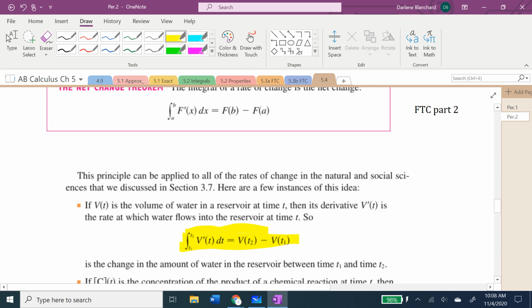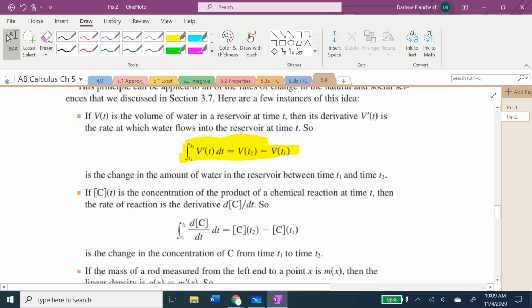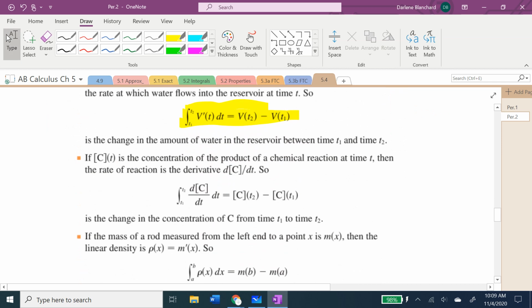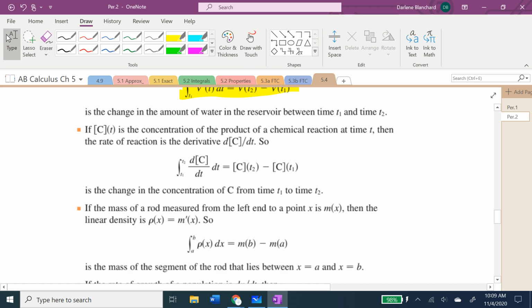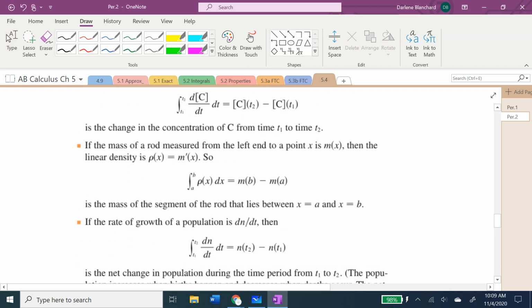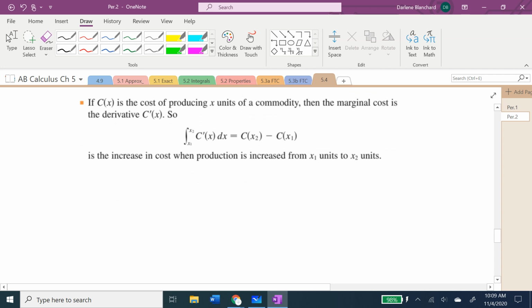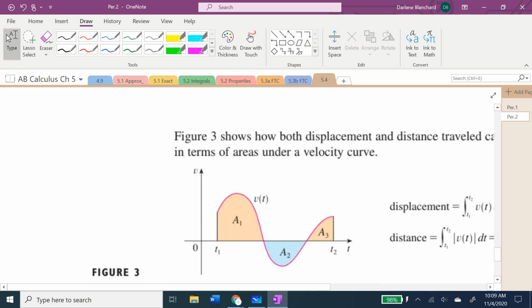So these are the kinds of application problems that show up on the AP test. But there are a lot of applications where you need to know something in science a little bit more. But these scratch the surface of science. And you can look at those on your own time.